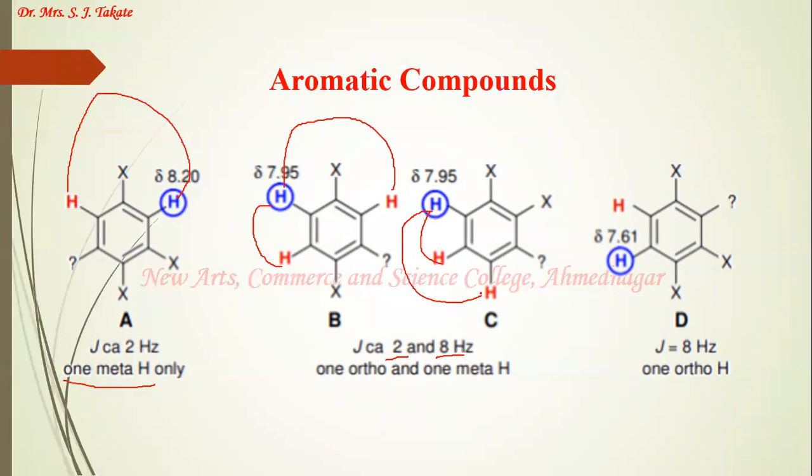Coupling constant values remain the same whether this type of meta coupling is there or this type of meta coupling is there. So ortho and meta couplings are the same here, and this is the example where only ortho coupling is present, which is 8 Hz coupling. So these are the different types of couplings observed in organic molecules, and their values are different.